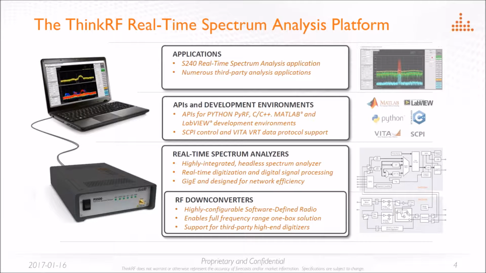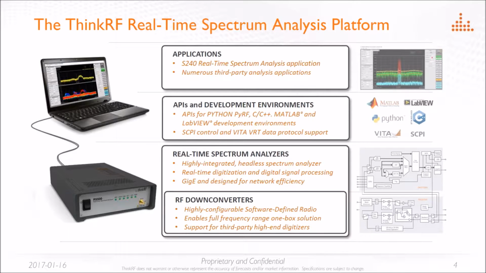Moving up one layer, we have a digital section, which includes real-time digitization and signal processing in the hardware with GigE interfaces, which are designed for efficiency. Moving yet another layer up, we have a very powerful set of APIs with a common framework such as Python, C, C++, MATLAB, and LabVIEW.